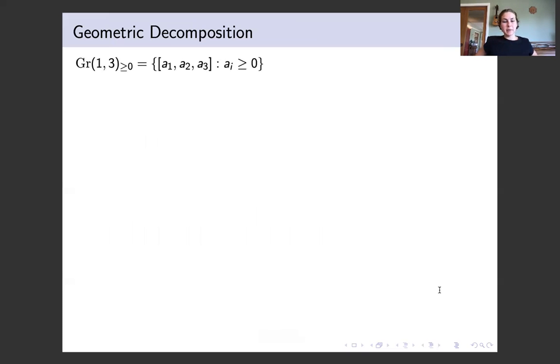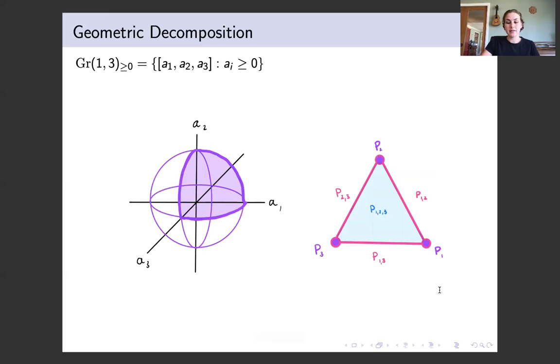So as an example, I'm going to talk about GR(1,3) totally non-negative. So recall that GR(1,3) is the set of all one-dimensional subspaces in 3-space, which can be represented as lines through the origin in 3-space. And if you think about it, every line through the origin intersects the unit sphere at exactly 2 places.